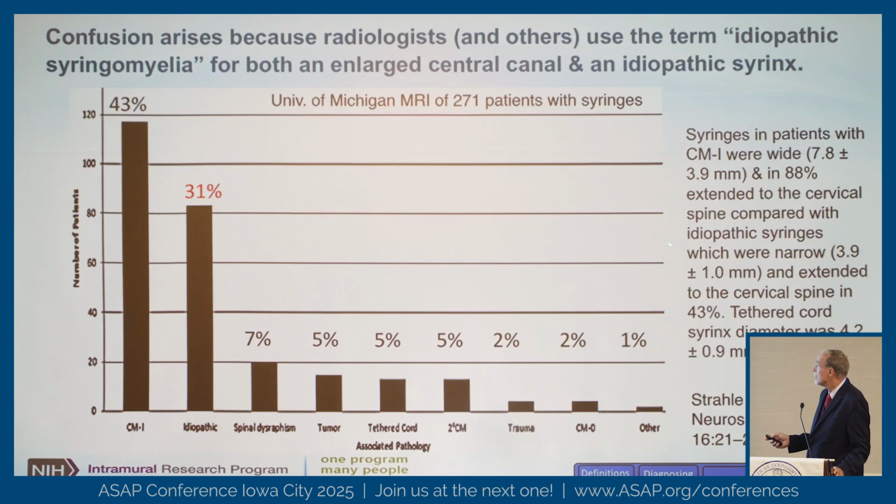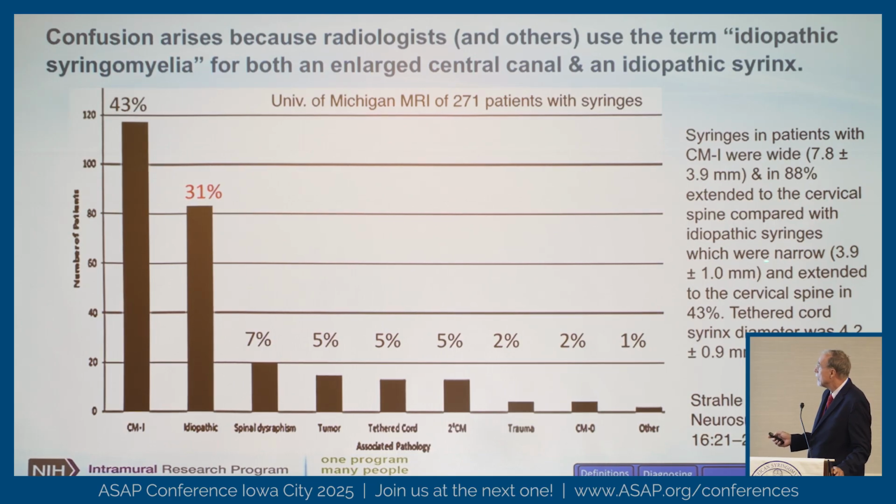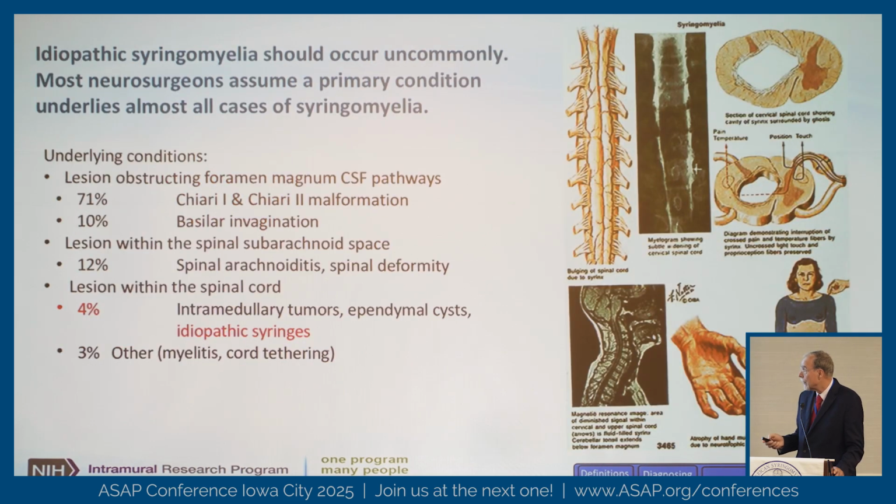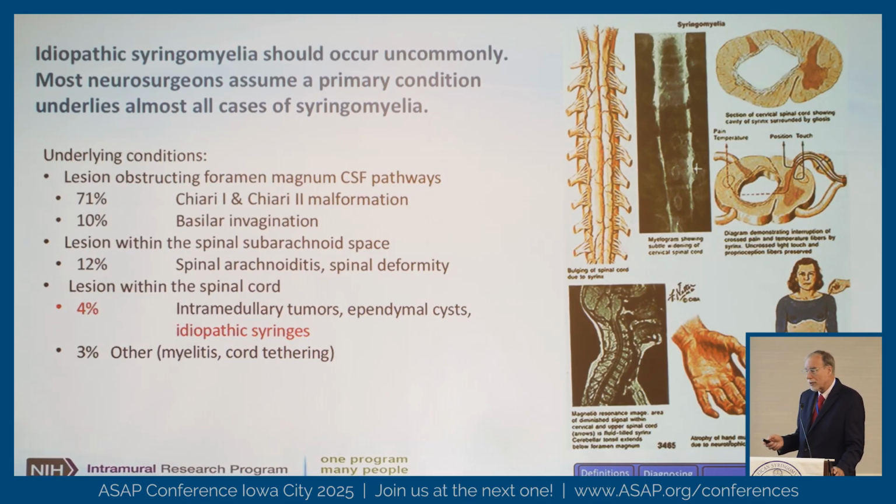The other thing is their location. Most of the idiopathic were in the thoracic spinal cord. Most of the Chiaris were in the cervical spinal cord. But their 31% idiopathic, neurosurgeons don't see it that way.